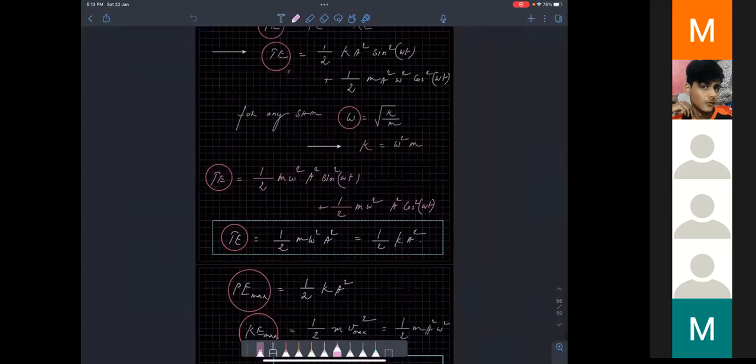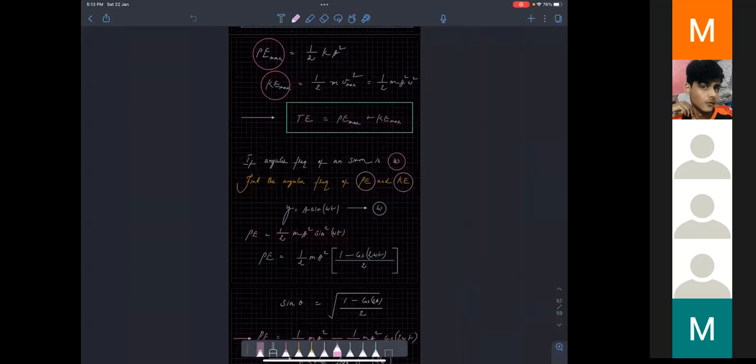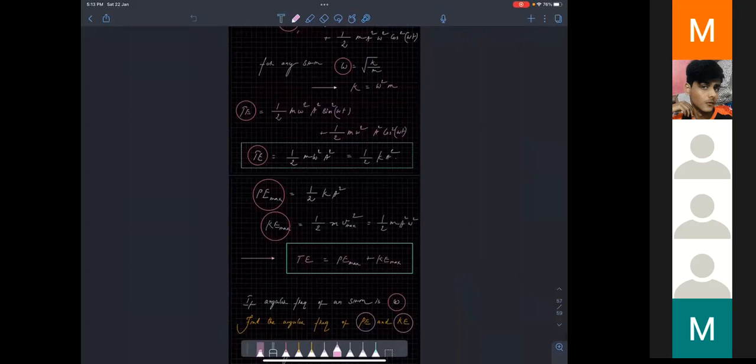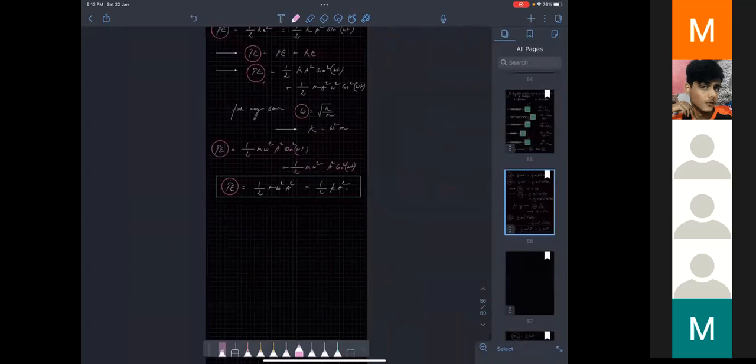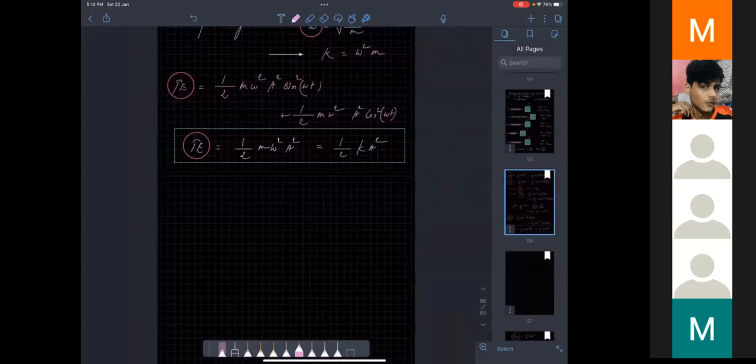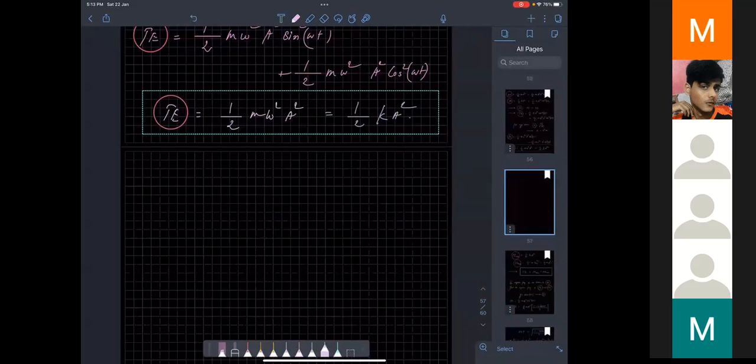So I'll write one more page here. Total energy is independent of t and is a constant. What else?